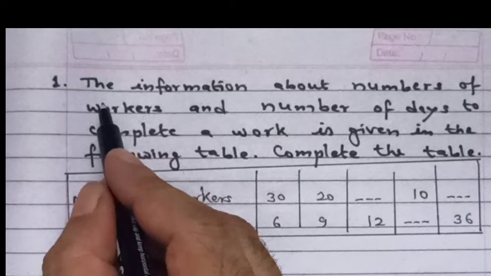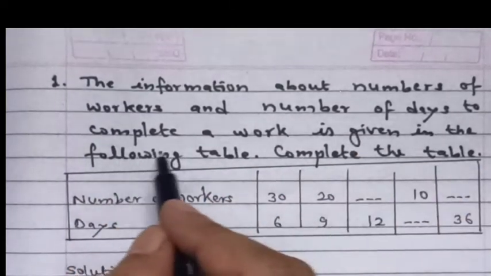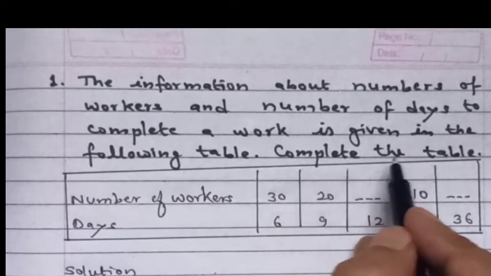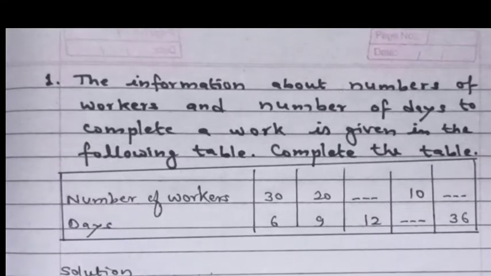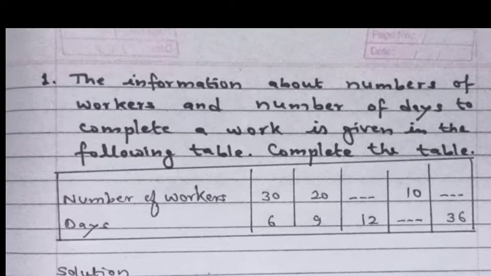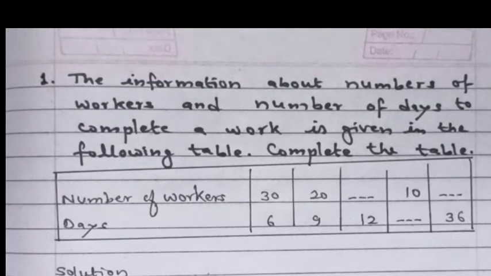Question number 1. The information about the number of workers and the number of days to complete a work is given in the following table. Complete the table. In this question, the number of workers and number of days are given, but it is not told whether the variation is direct or inverse, so you have to confirm.